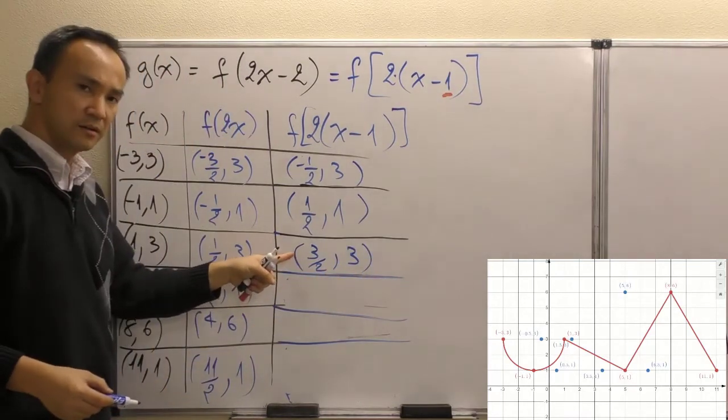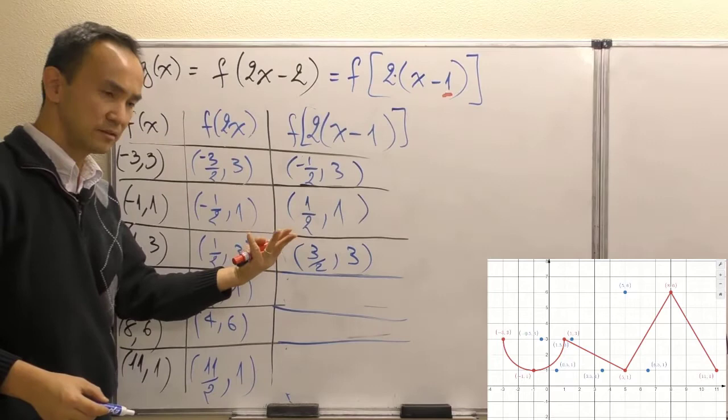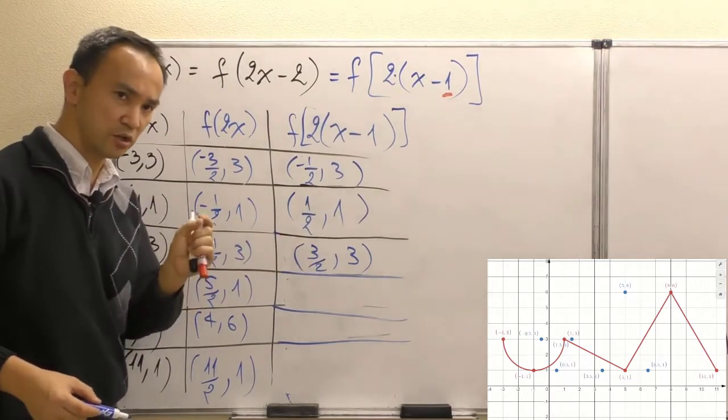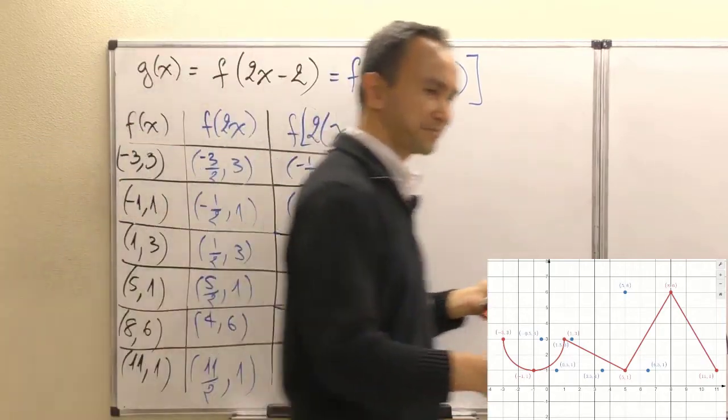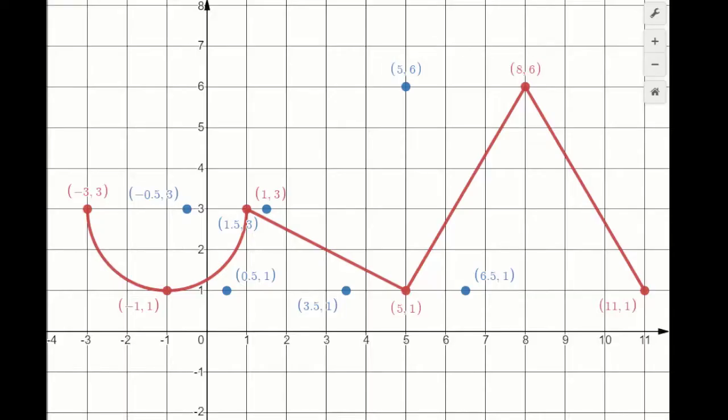The third point on our list is also consistent and correct with the points presented on the graph. From left to right: first point, second point, third point. The coordinate label here is 1.5 comma 3, which tells me it's positive 3/2 comma 3.